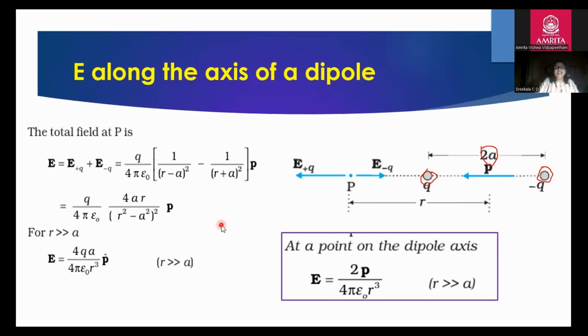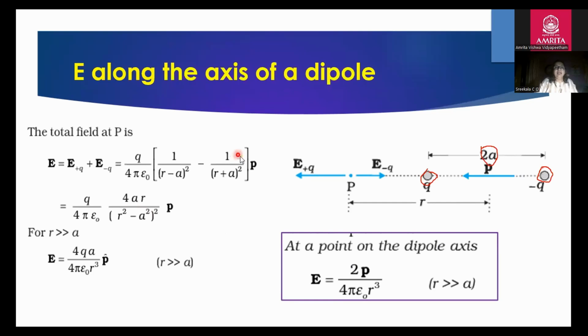Addition of two vectors in the same direction means you just add them. If the two vectors are in opposite directions, the magnitudes are subtracted and the direction is the direction of the larger vector. That's why subtraction came.